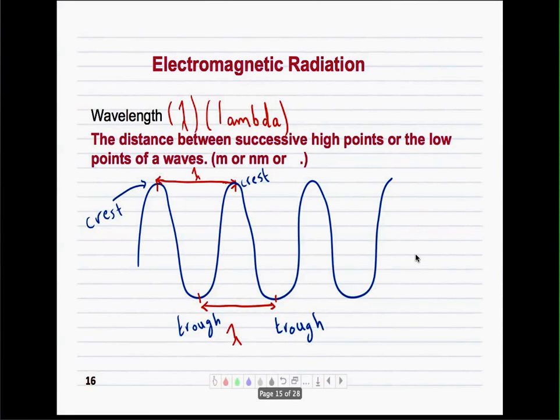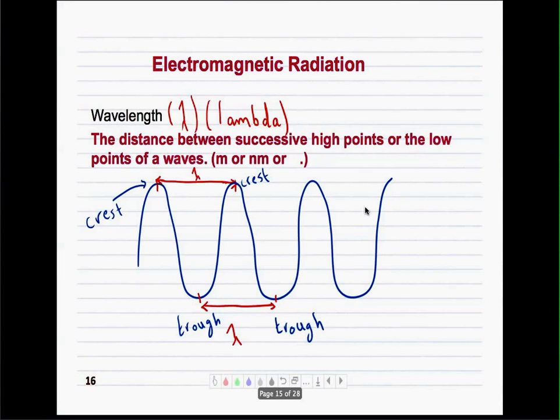We just figured out that one of the differences is the wavelength. By definition, the wavelength, for which we use the term lambda, is the distance between two crests or two troughs. And this is a characteristic of any electromagnetic radiation.